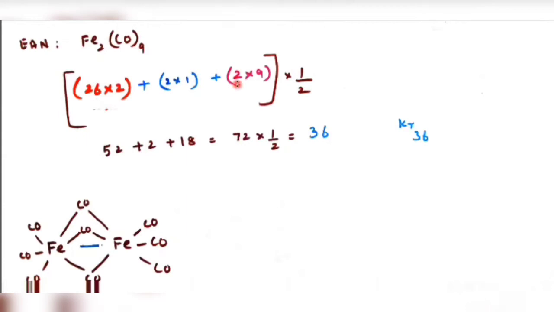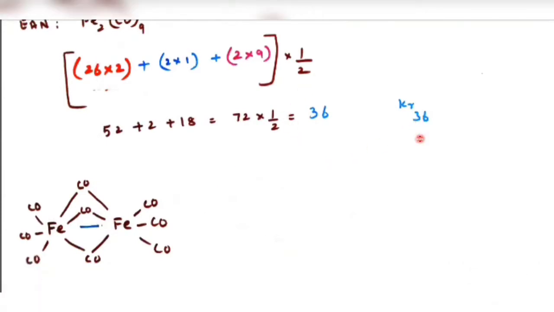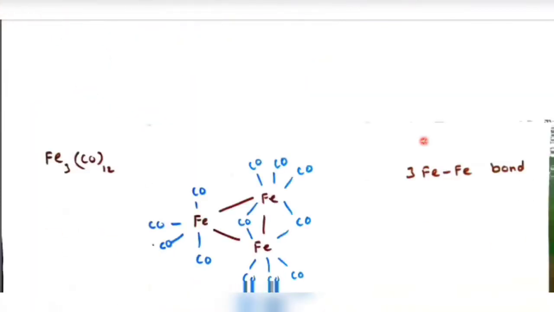The electrons donated by the ligands are 2 into the number of ligands, 9 ligands present, so 18. Totally 72, into 1 by 2, where 2 is Nm, the number of central metal atoms. So divided by 2, we are getting 36. It is equal to krypton 36. It obeys the EAN rule.